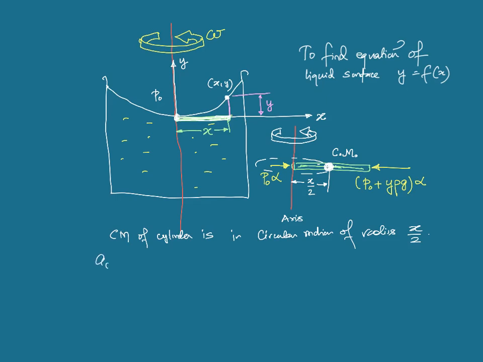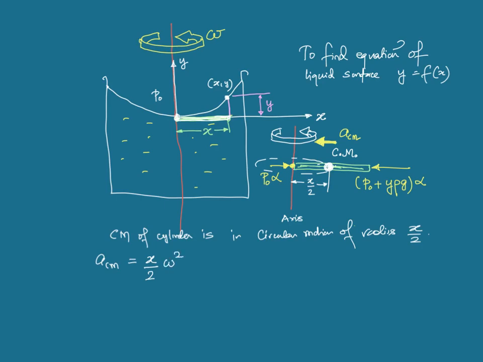So the acceleration of the center of mass is obviously towards the center of the circle. So this is ACM. ACM is radius times square of the angular speed, omega square.